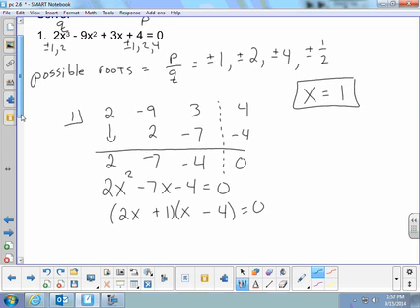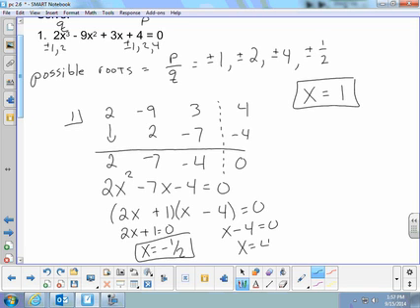Take each one of those factors, set it equal to 0. And you get x equals negative 1/2. And x equals 4. So those are my roots.